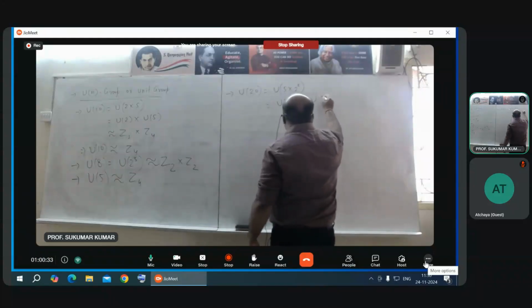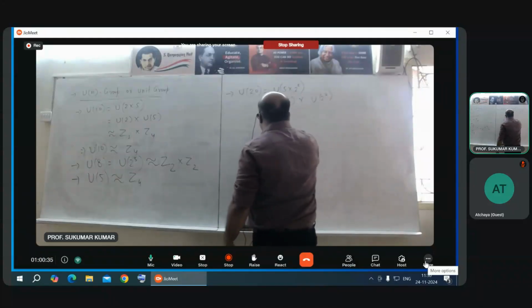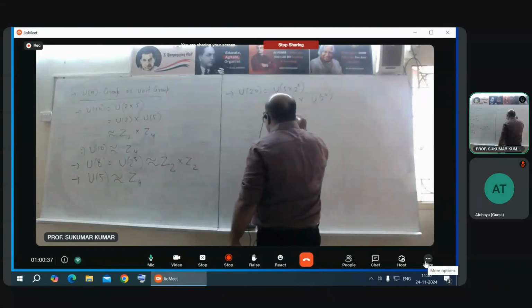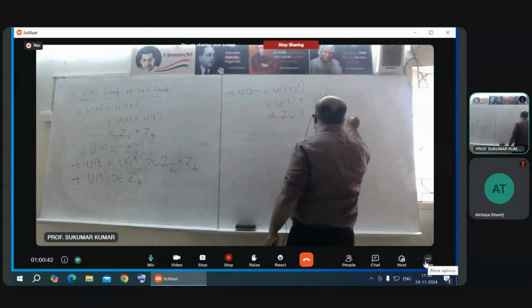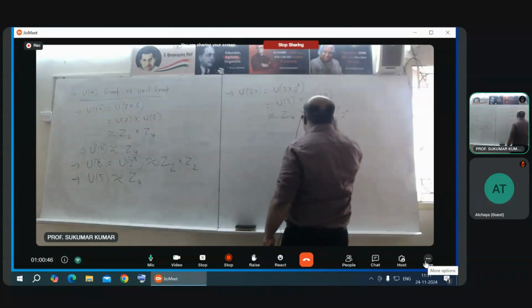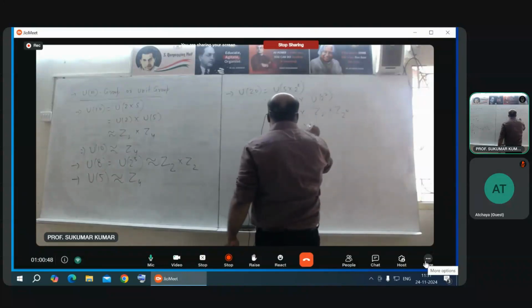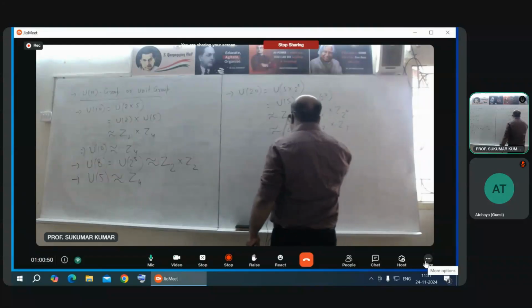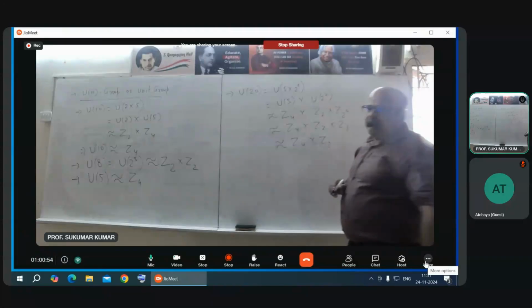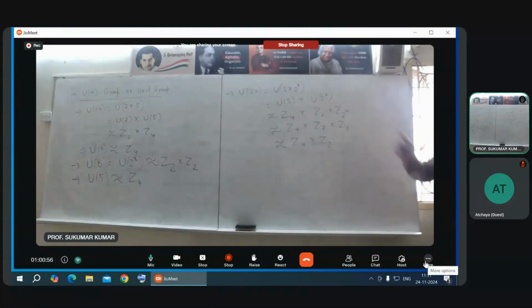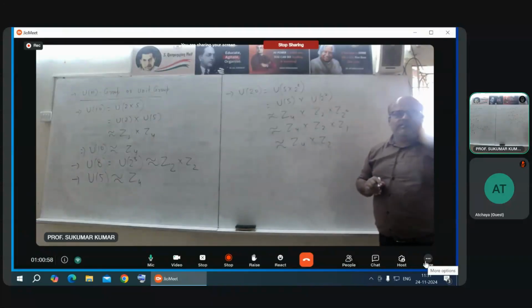U5 is isomorphic to Z p minus 1, Z4, and U2 power r is Z2 cross Z2 power r minus 2. So r is 2, so 2 minus 2, 0, 2 power 0. So Z4 cross Z2 cross Z1. So Z2 cross Z1 means Z2 directly, right? GCD of 2 and 1 is 1. So this is isomorphic to Z4 cross Z2.